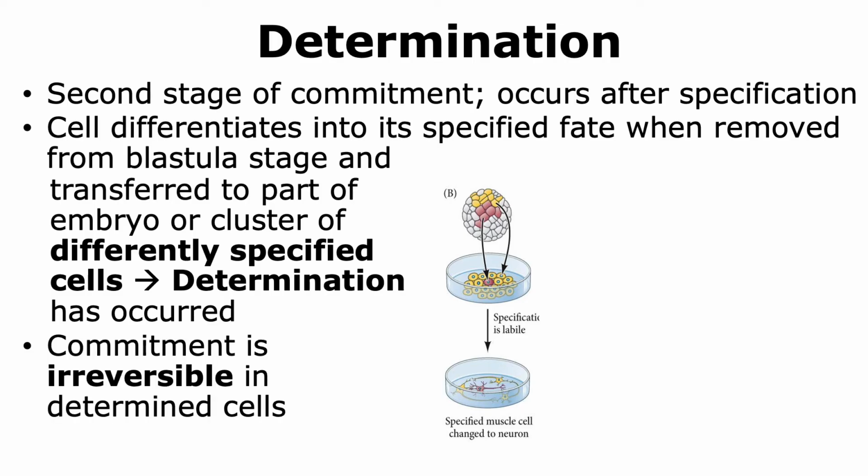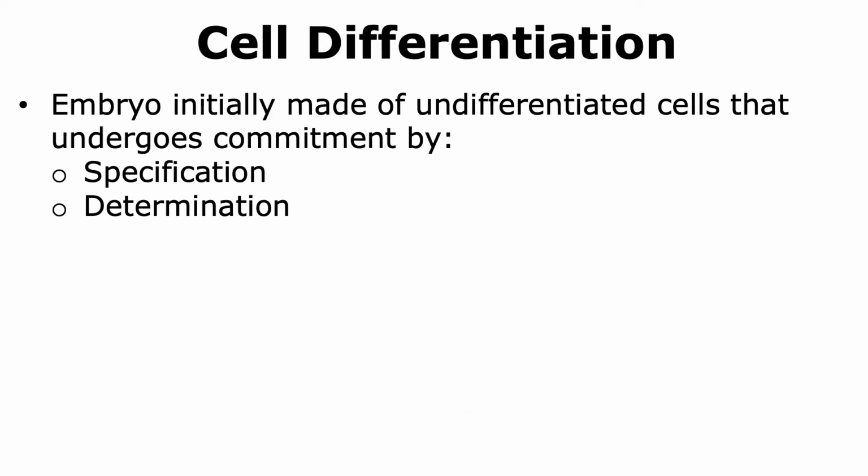Thus, in cells that have undergone determination, the commitment to form a specific lineage is irreversible. Once determination occurs, the next stage in development is cell differentiation.